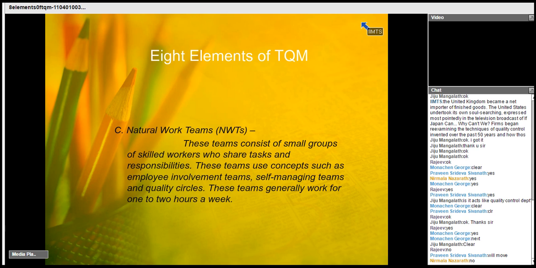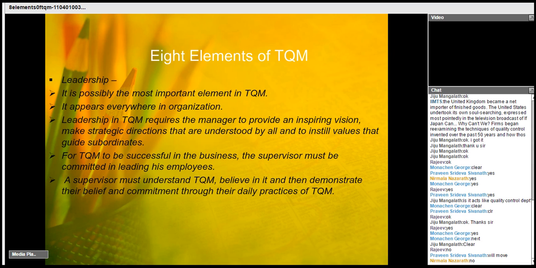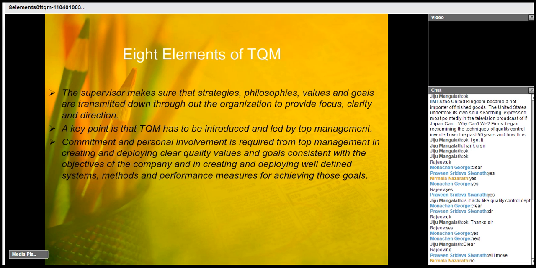The natural work teams are there. Leadership is required. I am just moving on fast because you are all aware of these terms, leadership and teamwork. I have already covered these terms in previous classes.